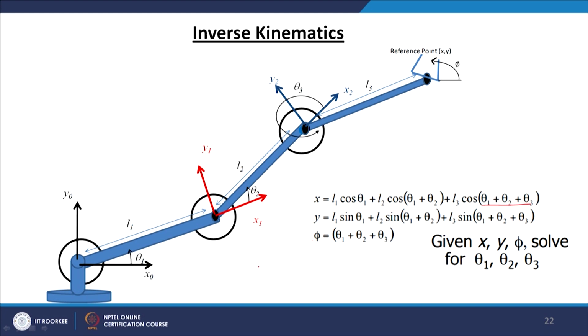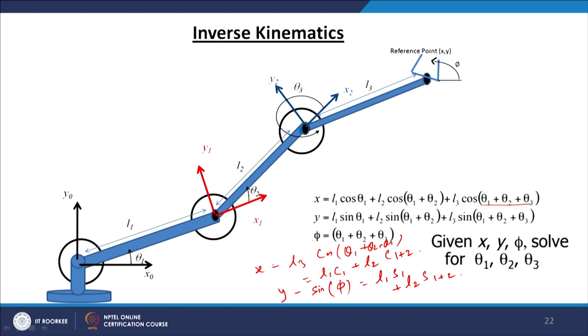So, what we get is x minus L3 cos of (theta 1 plus theta 2 plus theta 3) is equal to L1 cos theta 1 plus L2 cos (theta 1 plus theta 2). And similarly, y minus L3 sin of (theta 1 plus theta 2 plus theta 3), which is phi, is equal to L1 sin theta 1 plus L2 sin (theta 1 plus theta 2).